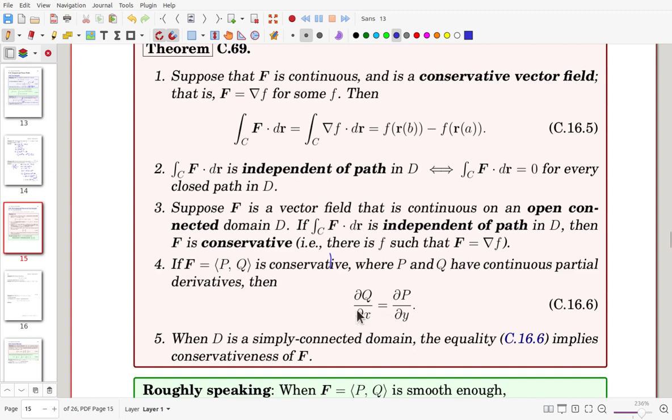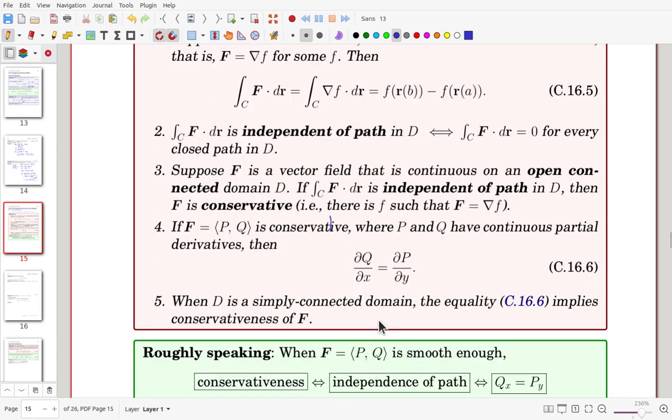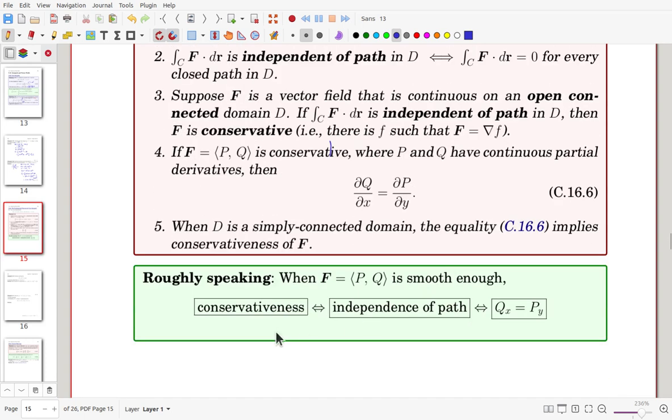So by using this equation, we can check if the given vector field is conservative. Once this equation is satisfied, then we can say it is conservative. Roughly speaking, when the vector field having two components is smooth enough, then we can choose a simply connected domain here. Conservativeness, independence of path, and the equation are equivalent.